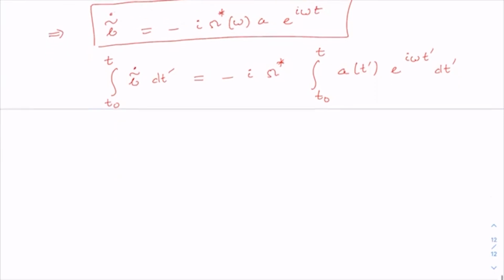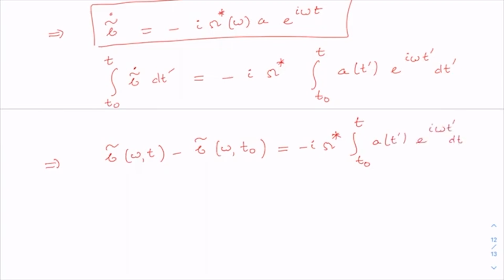If I do the integration, this is going to give me b tilde of omega t minus b tilde of omega t0 equal to minus i omega star, which remains the same, times the integral from t0 to t of a of t dash e to the power i omega t dash dt dash.